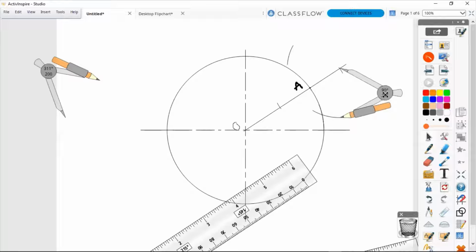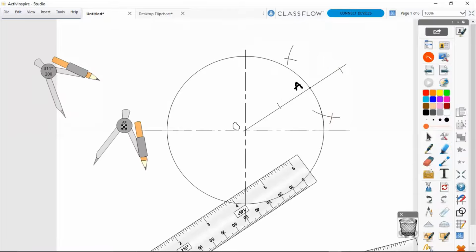I'm going to repeat the same thing at the other side. Draw arcs above and beneath. So my arc above and then below the line.